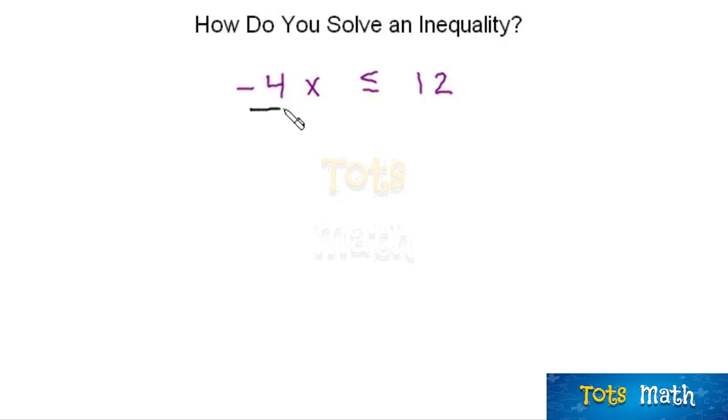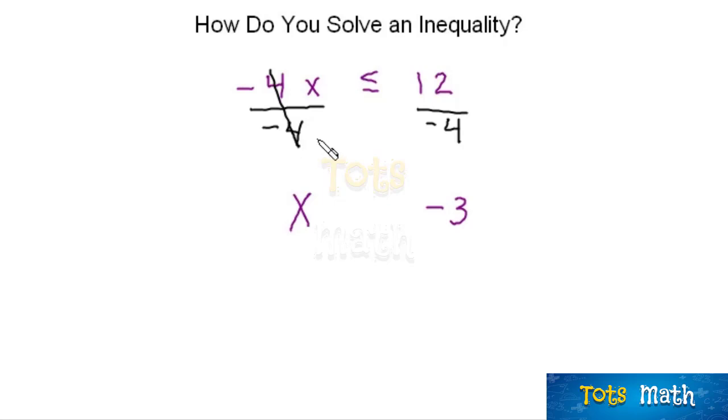So we can write negative 4x divided by negative 4 is less than or equal to 12 divided by negative 4. Negative 4 divided by negative 4 gives us positive 1, so all we're left with on the left side is x. On the right-hand side, we have 12 divided by negative 4. That equals negative 3.